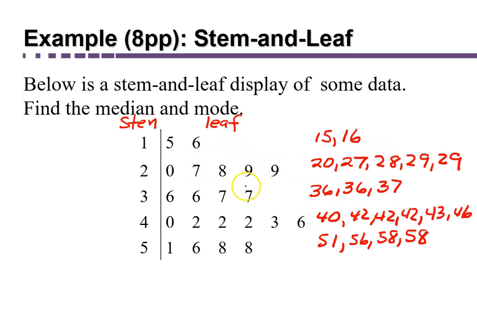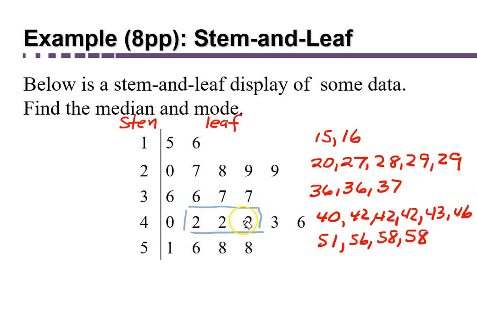Well, looking at this, it looks like there are 3 2s here. So your mode would be your values here.